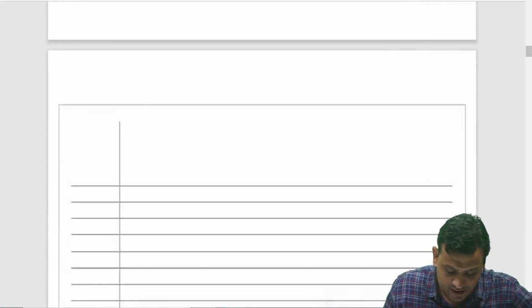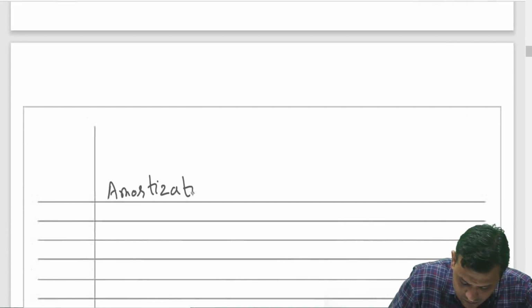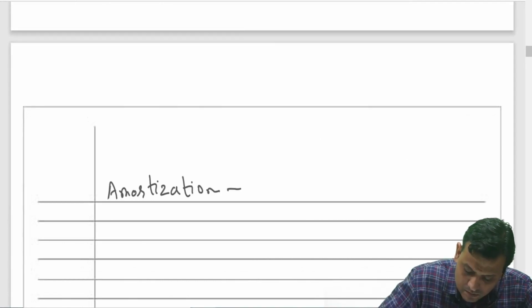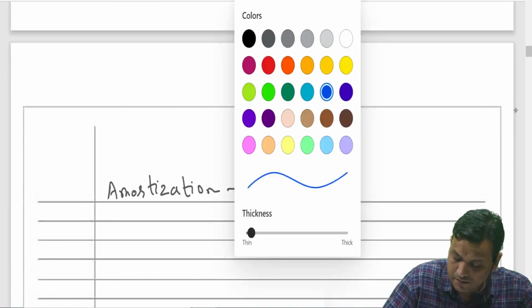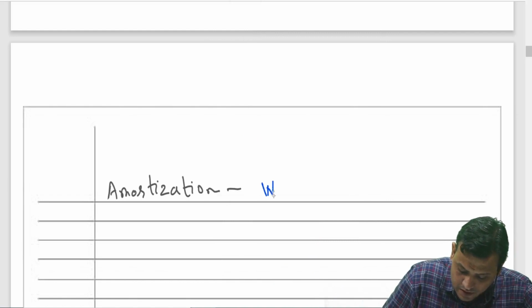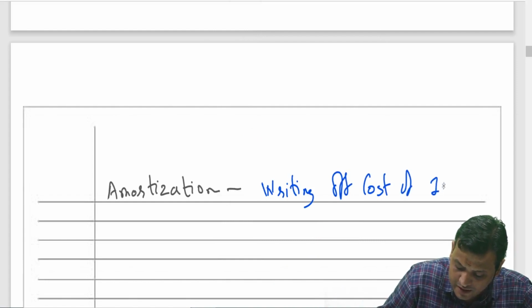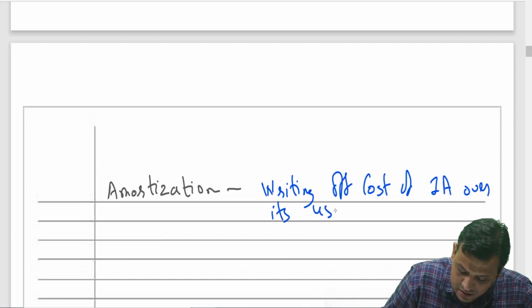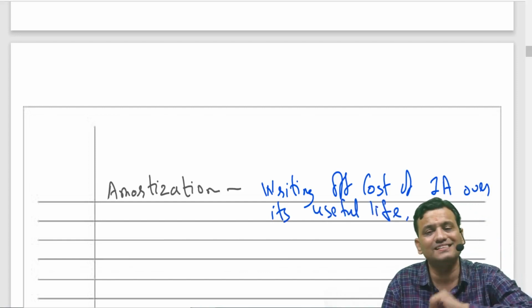Now comes amortization, my friends. What is amortization? Nothing but writing off the cost of an intangible asset over its useful life. This is referred to as amortization.